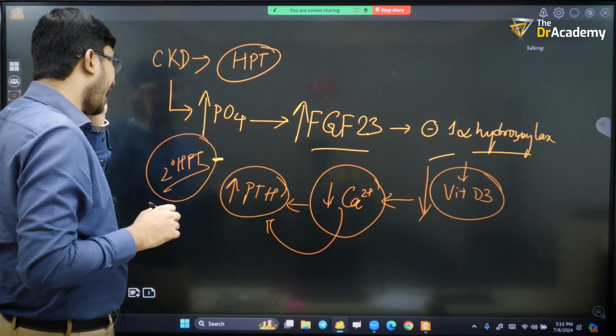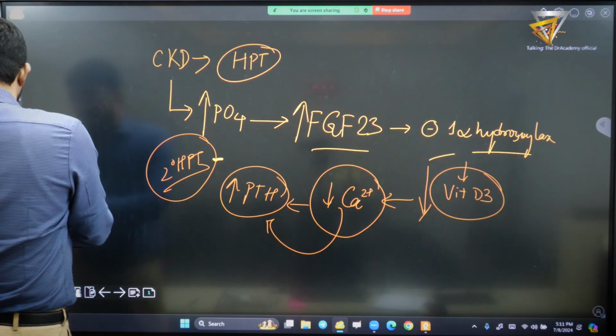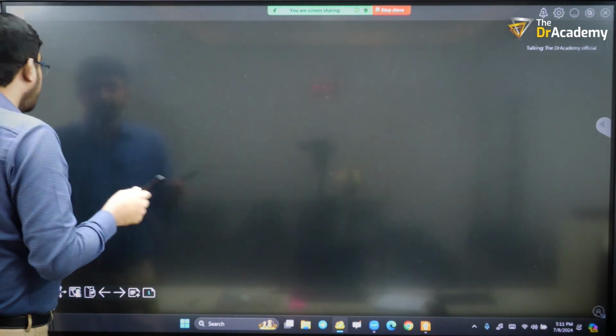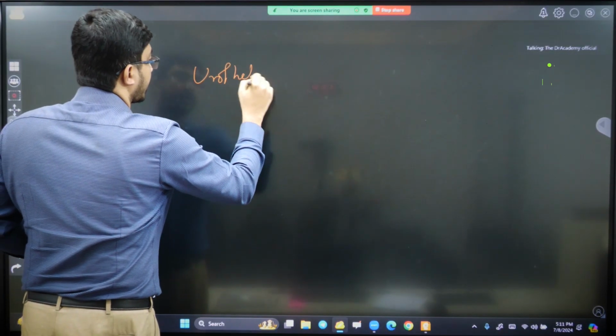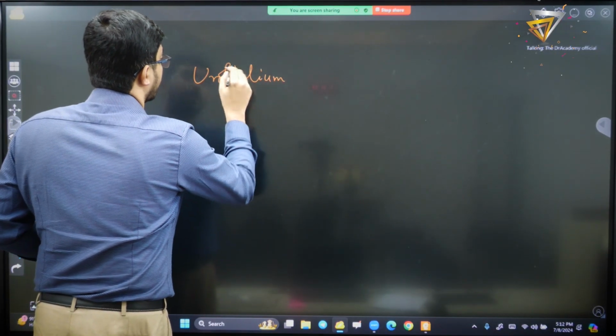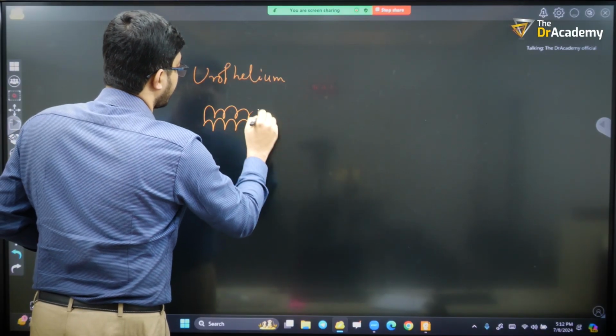Okay, and we know that urinary tract is lined by urothelium. Okay, urinary tract is lined by urothelium, the multiple layer of squamous-like epithelium.